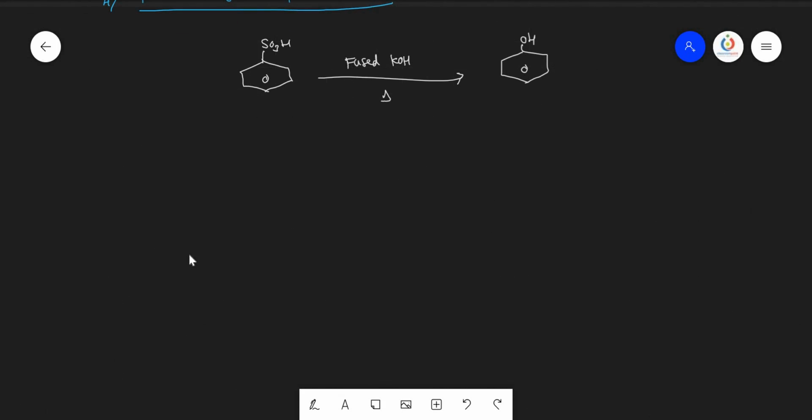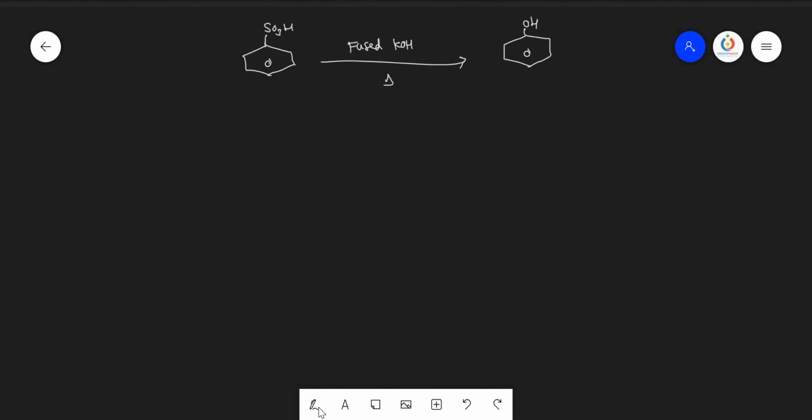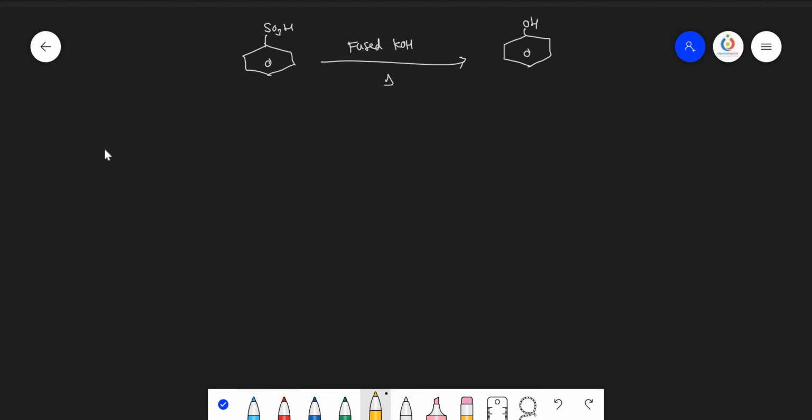Now the interesting reaction is coming now. The reaction is Dakin's reaction. Please remember these reactions, or else write down all the named reactions in 4 to 5 pages at a particular place. Dakin's reaction.